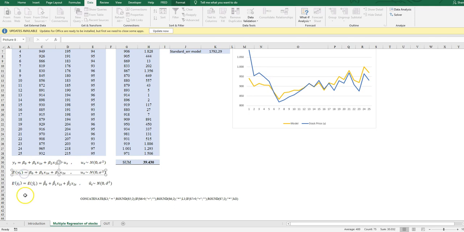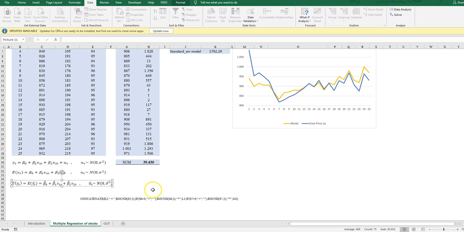This one we estimate, and I show that by taking the hats, and it can be shown with some algebraic manipulation that all parameters are what is called unbiased estimators of the true parameters. And with that in mind, we can assume that the real expected value is equal to the expected value of the estimation.